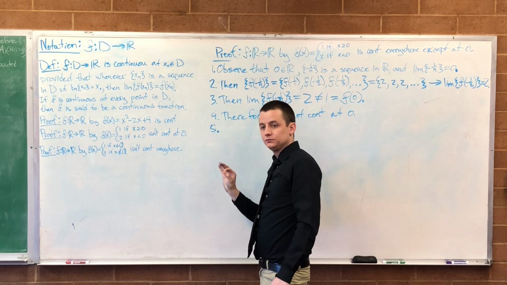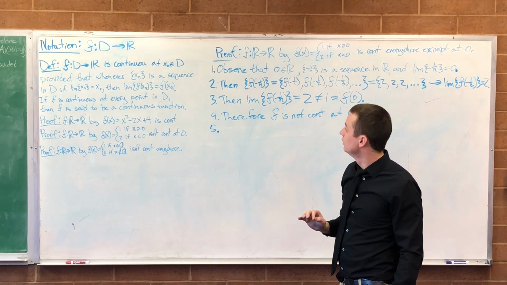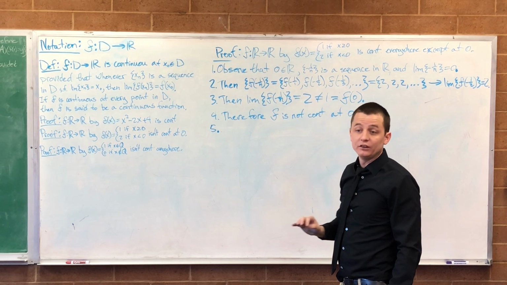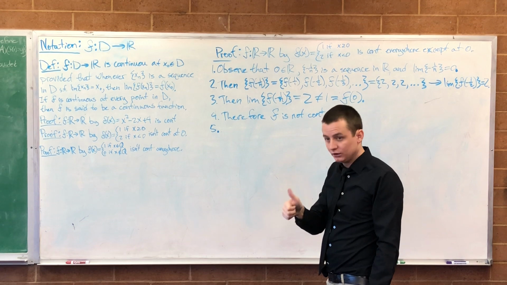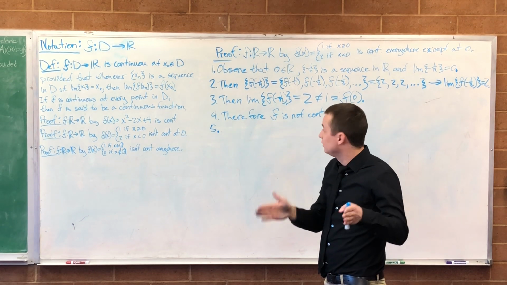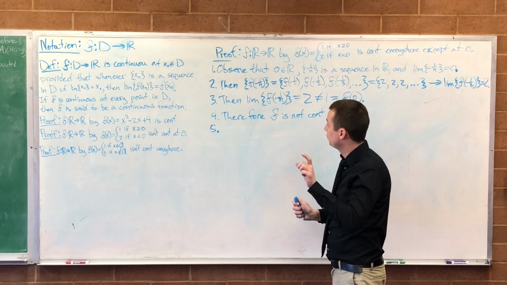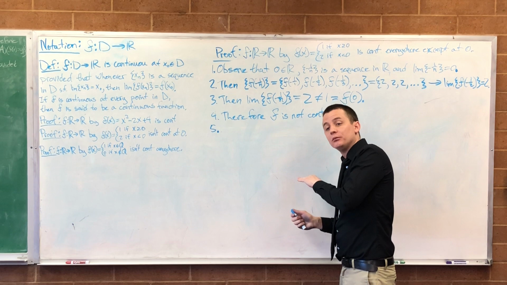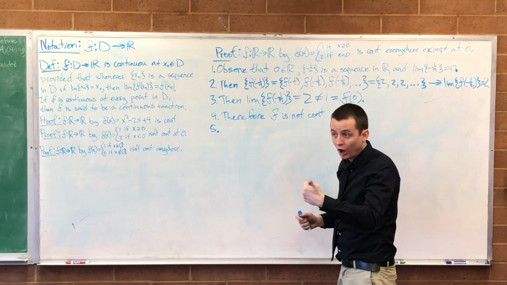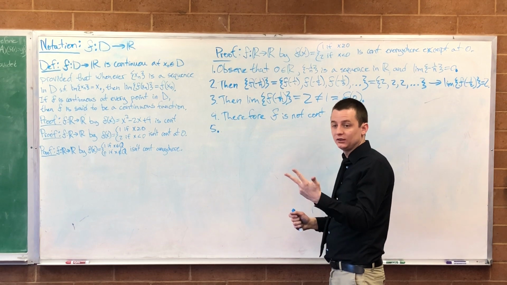Okay, but that still means f is not a continuous function. That's correct. F is not a continuous function. So remember that we made that point. A function can either not be continuous anywhere, be continuous at some points, or be continuous at all points.